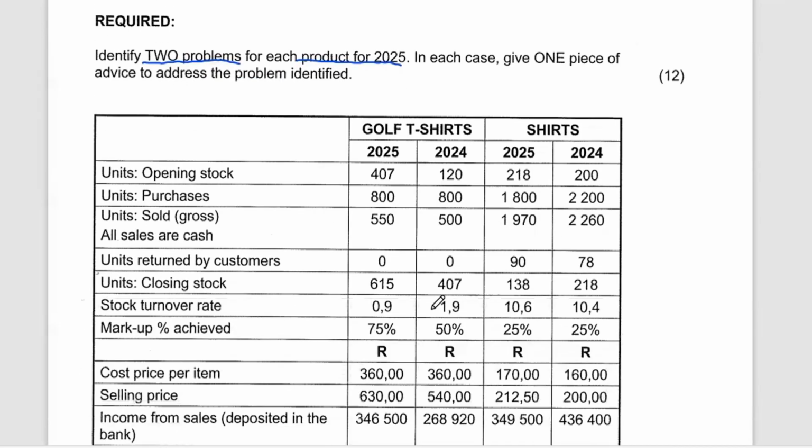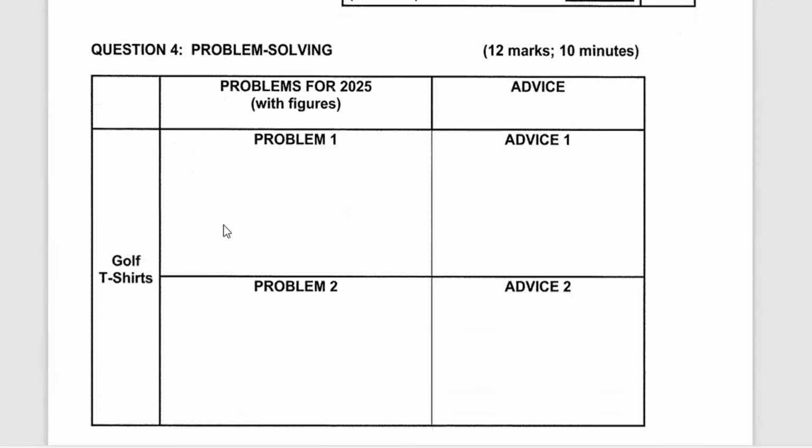So now, let's start with our golf t-shirt. If you can check our golf t-shirts, our opening stock was 407 units, purchased is 800, then we have units sold, while our closing stock is 650 units. If you can check, our closing stock is high. So that's the first thing that you are going to quote. So too much stock on hand.